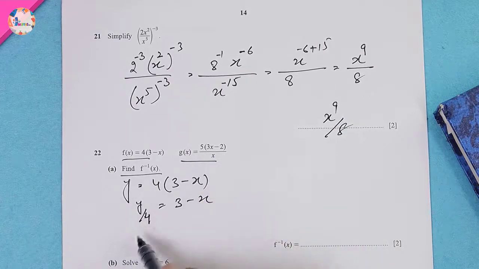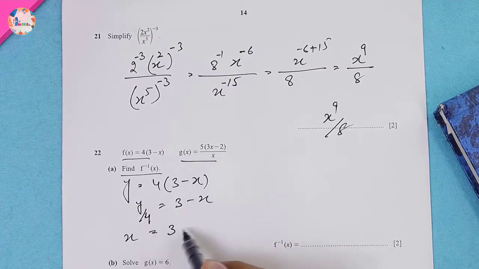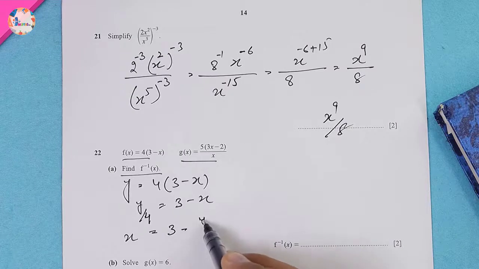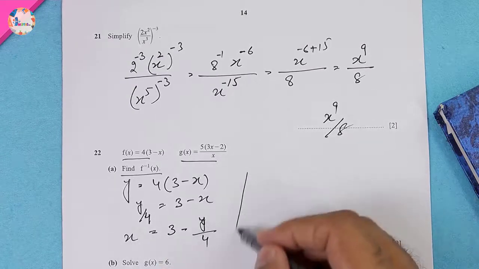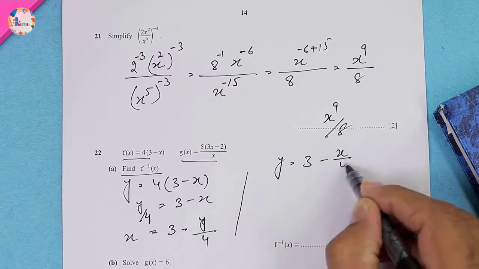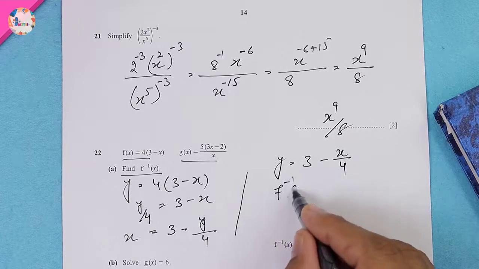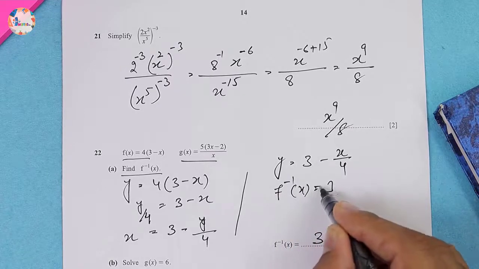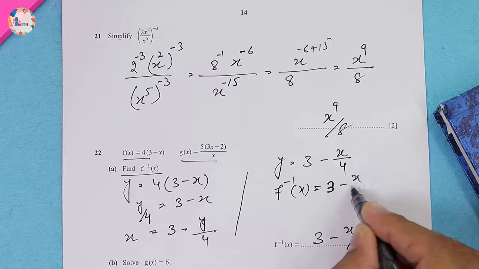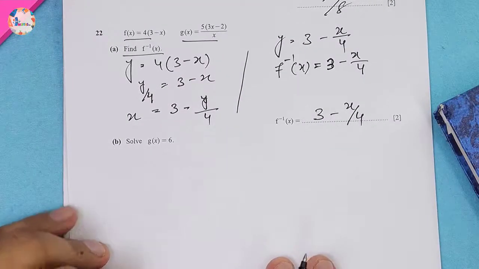Now we shift x to this side and y over 4 to the other side, so it will be 3 minus y over 4, and now we swap x and y, and this will be y is equal to 3 minus x over 4. This will be our final answer, so f inverse of x is equal to 3 minus x over 4.